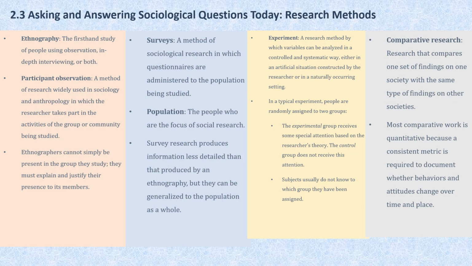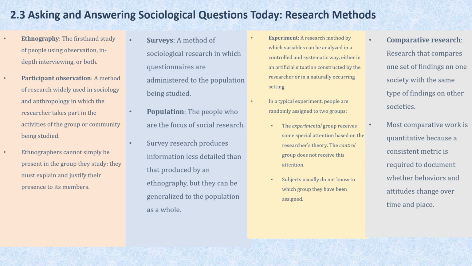Asking and answering sociological questions today via research methods. There are different types of research methods: ethnographic, surveys, experiments, and comparative research. Ethnographic research allows the researcher to immerse him or herself in the community of study and study the community from within.